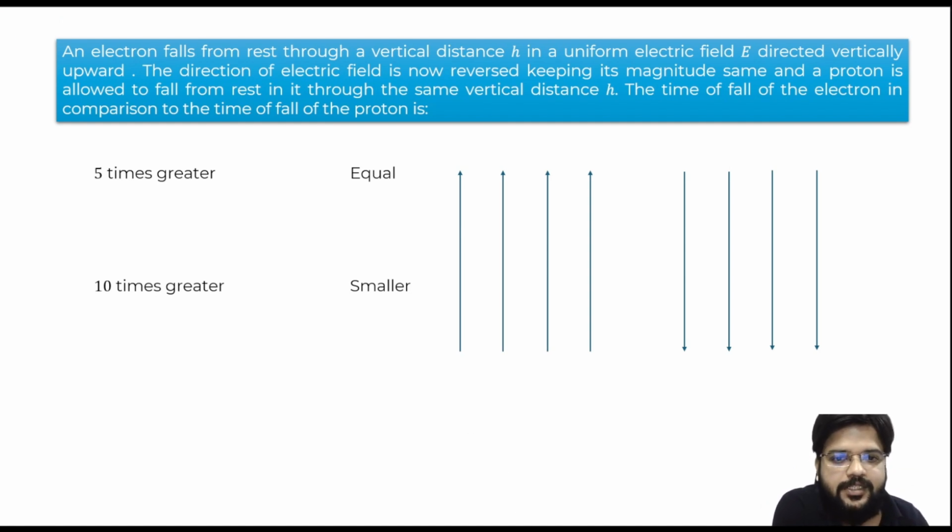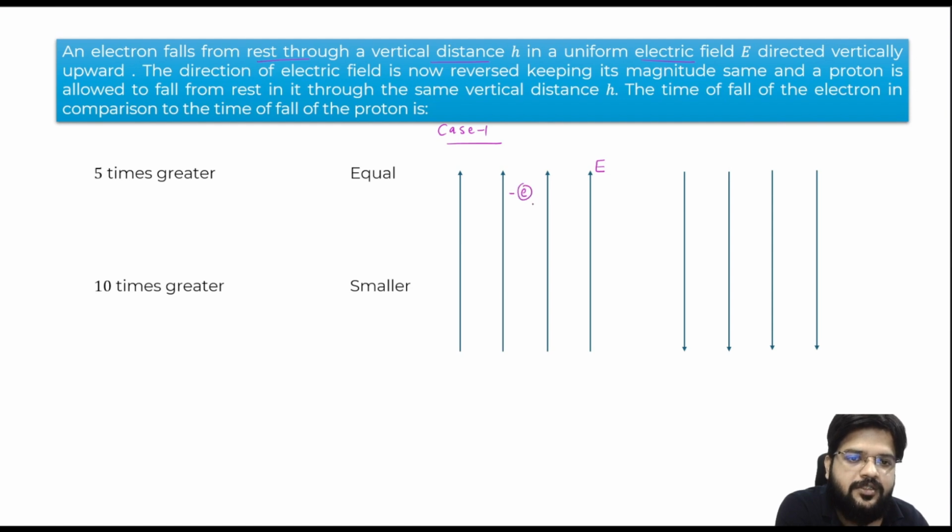So here we have two cases. First of all, we will see case number 1. An electron falls from rest through the vertical distance h in the uniform electric field E directed vertically upward. So in the first case, the electric field is present in the upward direction and we have one electron.